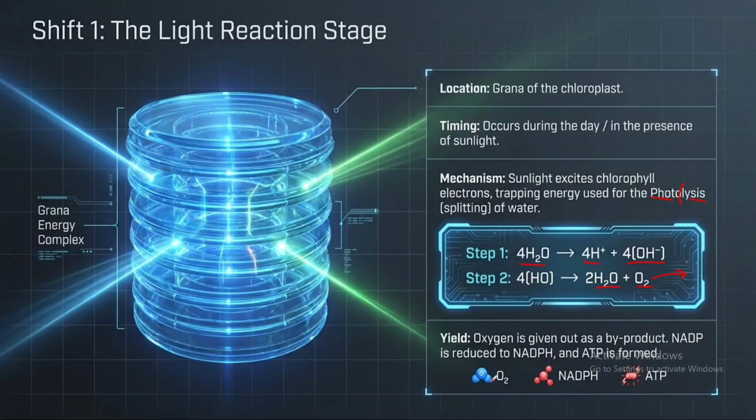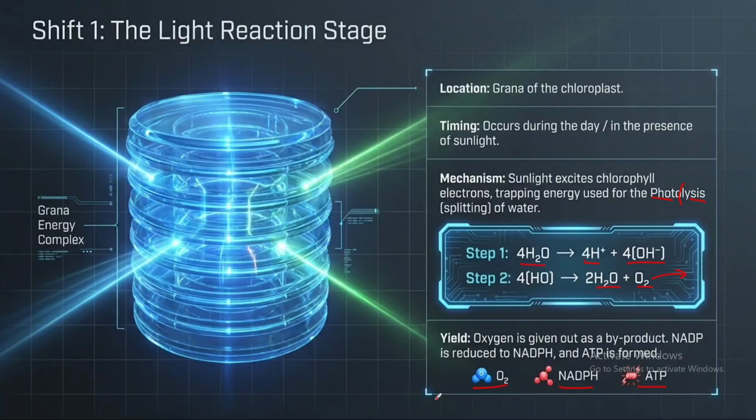Now, ATP is the energy currency of a biological being, right? So it is the form of energy that the body uses. So we have oxygen removed there, and then we also have NADP reduced to NADPH, and then we also have ATP. All right, so these are the major reactions that take place in the light stage of photosynthesis.